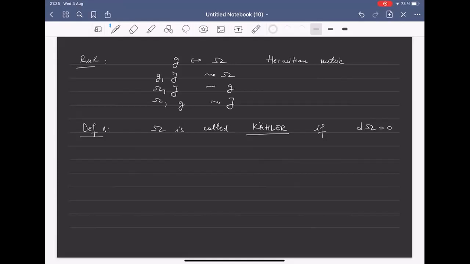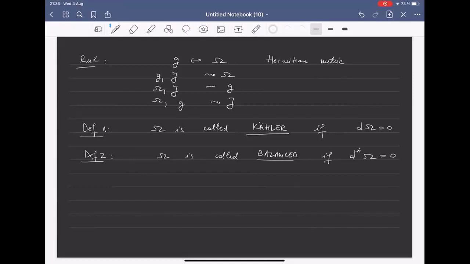But we can relax this condition in several ways by asking the closeness of omega with respect to some other naturally defined operators. So also some other metrics that you learned about in some other courses can be defined in similar ways, like omega is called balanced if omega, instead of being closed as for the Kähler condition, is co-closed.